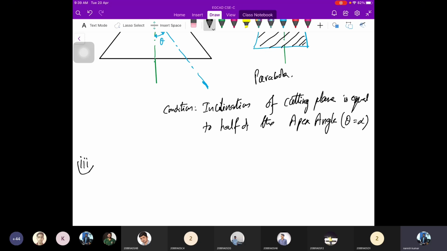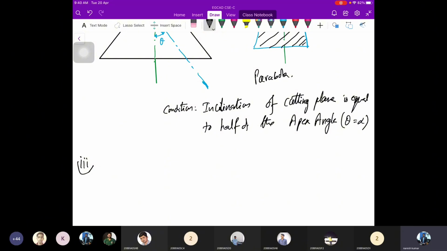Those equations are solved in M2, that is, in intermediate mathematics. We have already solved these equations: the parabola equation, hyperbola equation, ellipse equation. So now we are not going to the mathematical form, but rather we are constructing the conic sections here in engineering graphics.